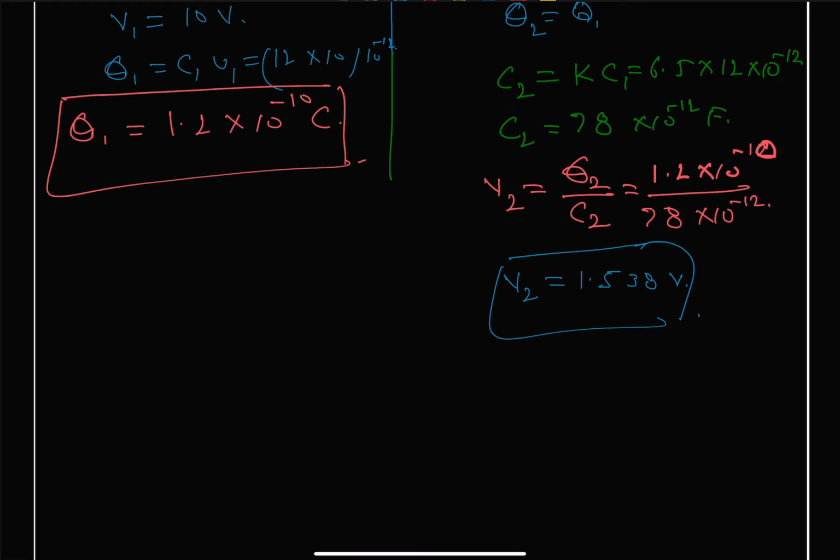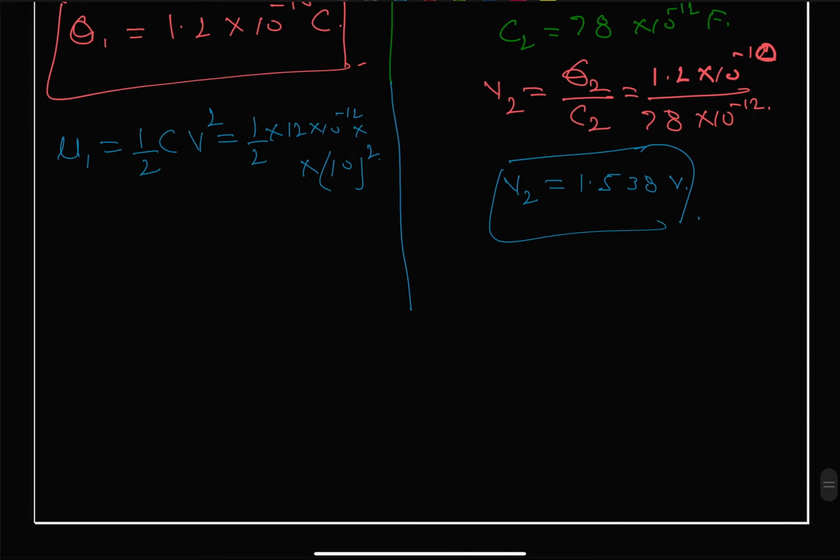Now we can easily find the initial as well as final energy. So initial energy, let us call it U1, will be equal to half C V square. This comes as half, C is 12 into 10 to the power minus 12, multiplied by V square. V is 10, so 10 whole square.